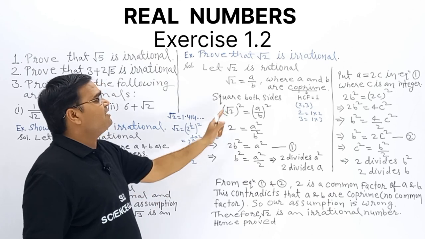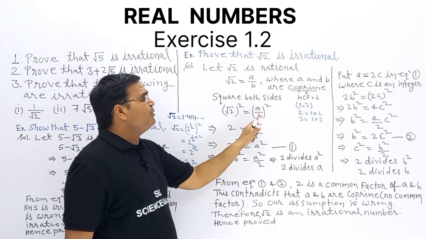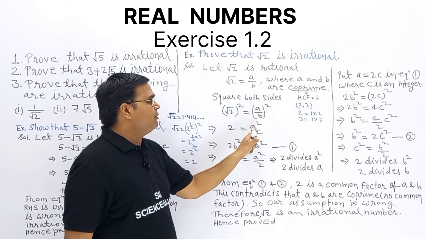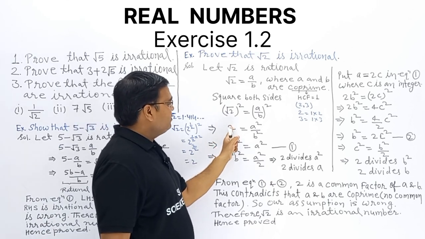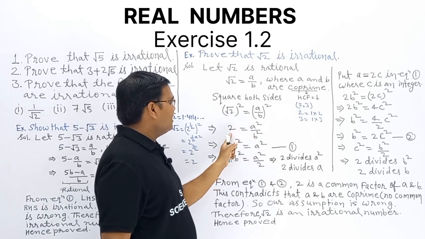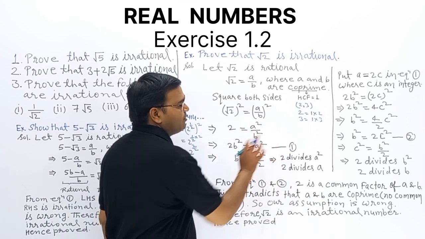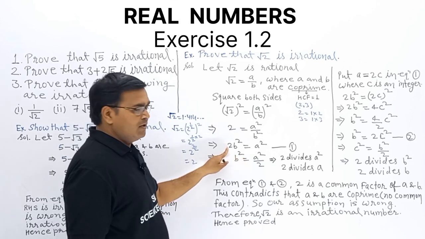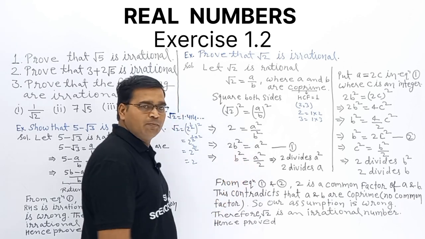Now (A upon B) whole square will be the square of the numerator and the square of the denominator. Now doing cross multiplication, we multiply 2 to this, and we get A square equal to 2 B square, call it equation number 1, and this can be written as B square equal to A square by 2.